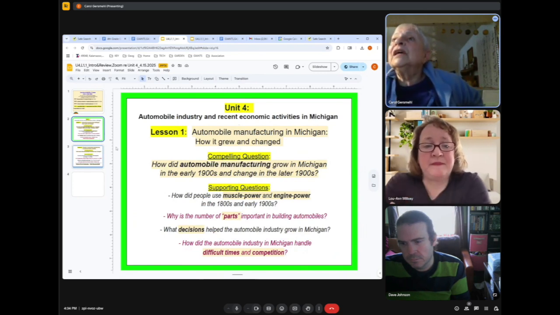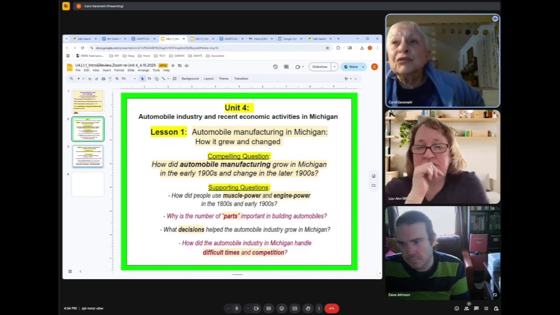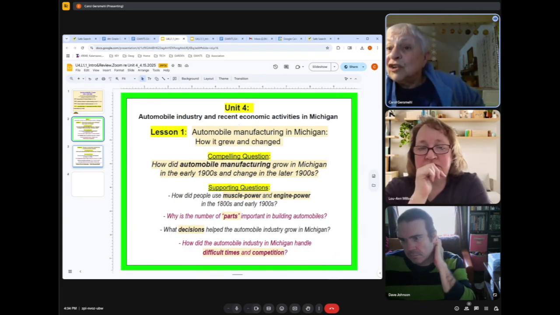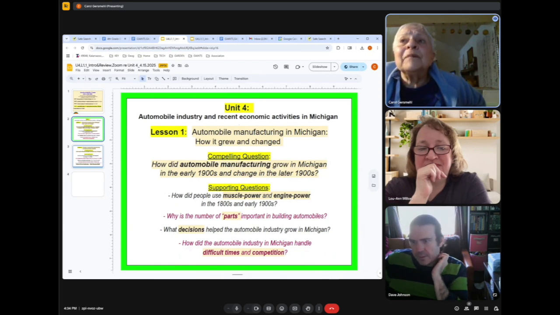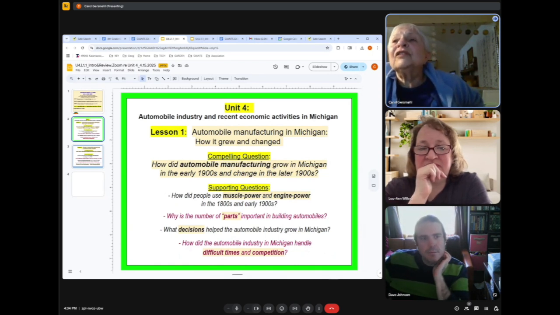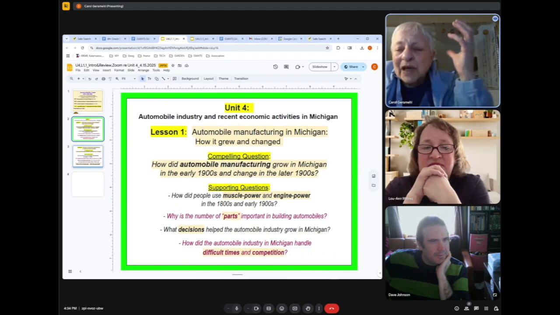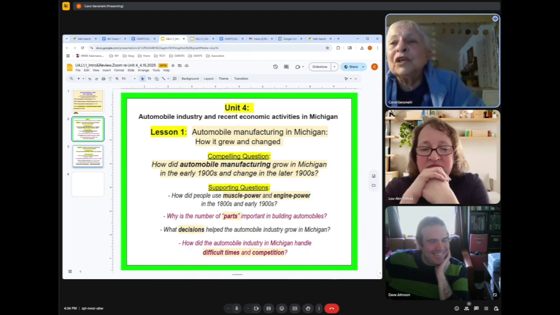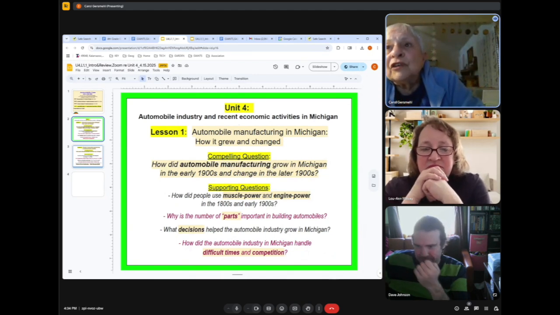As we've said, it talks about automobile manufacturing. It is something that definitely grew and it really changed through time. It started in the early 1900s, and our compelling question is to see how did it happen? How did this amazing industry grow? How did it change?